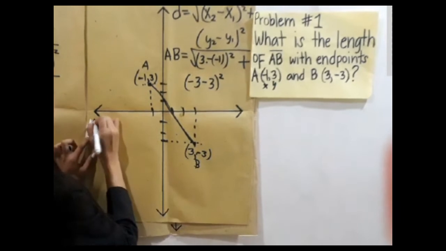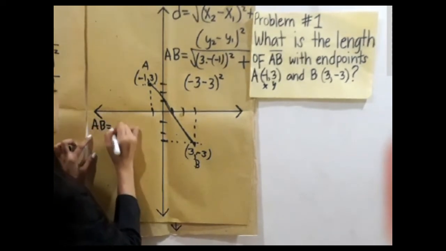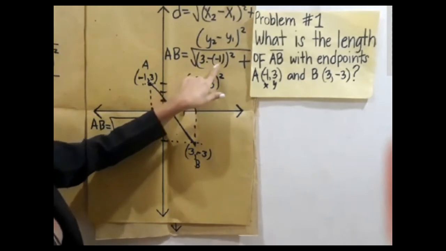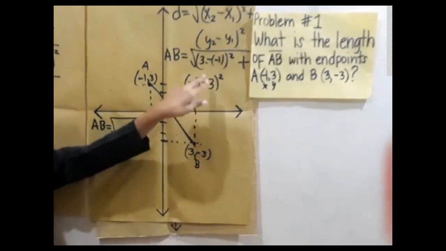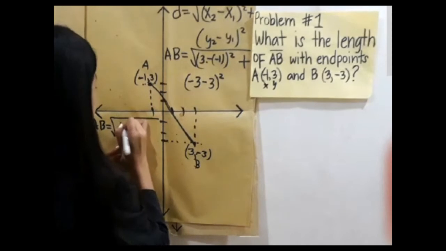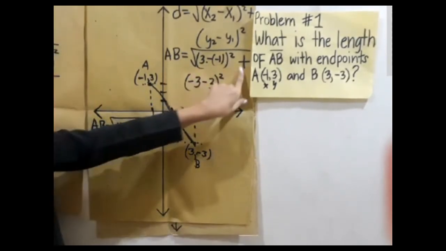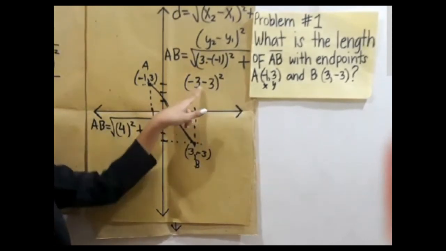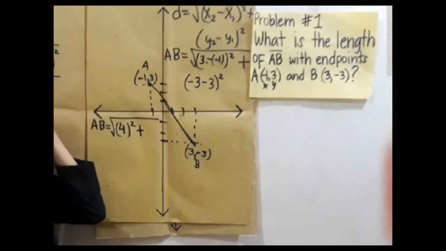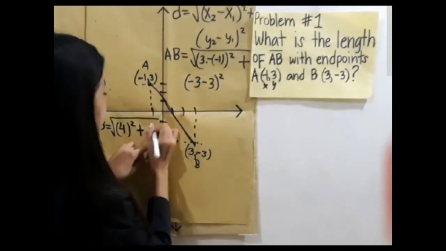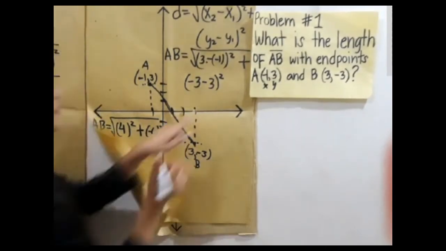Going to here. AB is equal to the square root. Copy the radical sign. So, 3 minus -1 is equal to 4. 4 squared. Copy the sign. And then -3 minus 3 is going to be -6 squared.